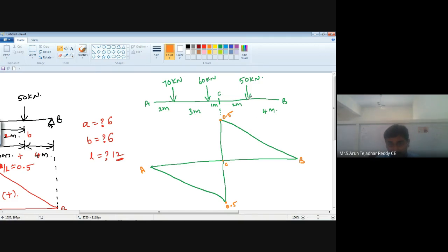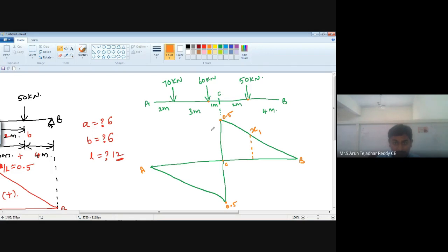So these are the point loads. In this point we have one load that is 50 kilonewton. So in this place calculate ordinate value. Just mark one point here, that is x1. Up to here clear? So where we have our loads, on that point we should calculate our ordinate value. Next, if you come to the left portion, here we have one load.